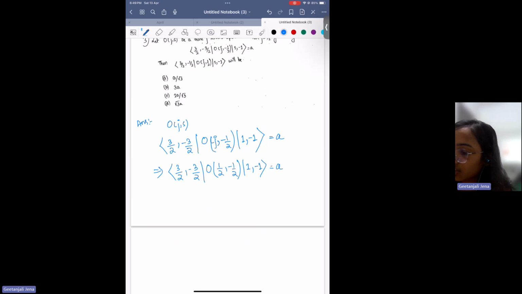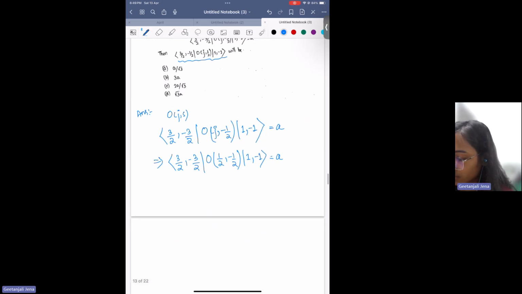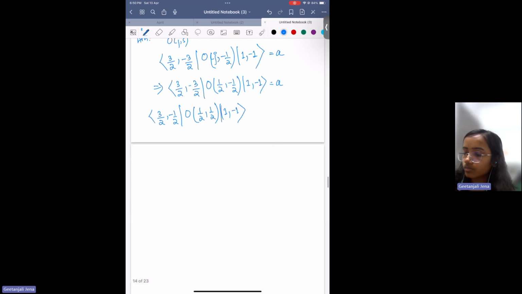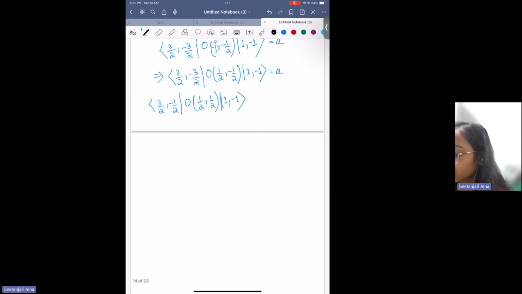Now the question is asking about this term. What will be the value for this component? It is asking about 3 by 2 minus half, O half half, 1 and minus 1. The way to solve is, you know that this will be proportional to a CG coefficient, and this one is also proportional to a CG coefficient.